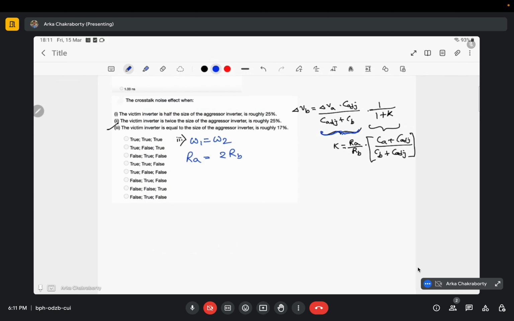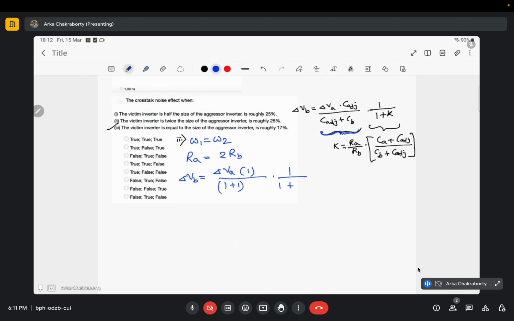Now delta VB would be delta VA, and since I have considered C adjacent and CB to be equal, 1 by (1 plus 1) into 1 by (1 plus K).